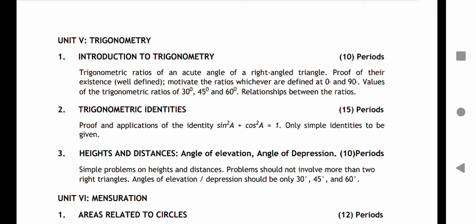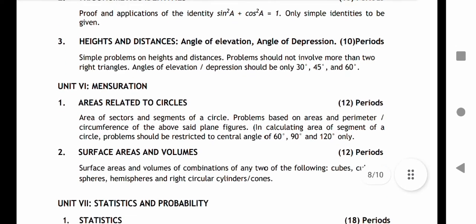First, introduction to trigonometry, then trigonometric identities, then heights and distances, angles of elevation and angles of depression. So 10 periods for the first, 15 periods for trigonometric identities, and 10 periods for heights and distances.